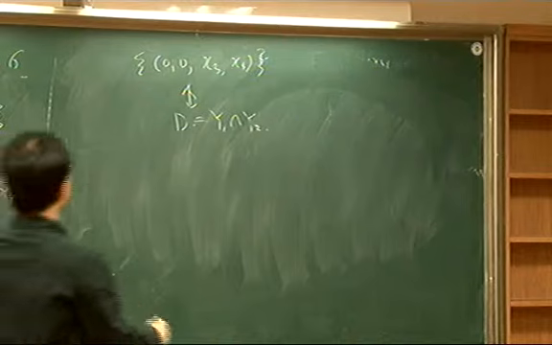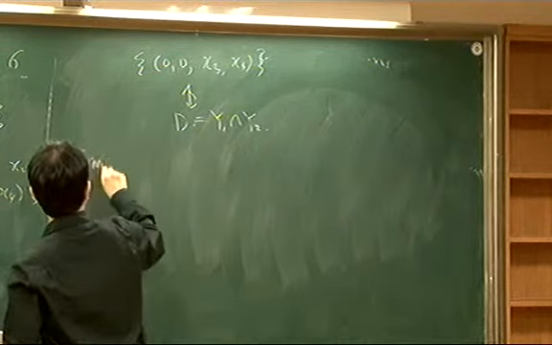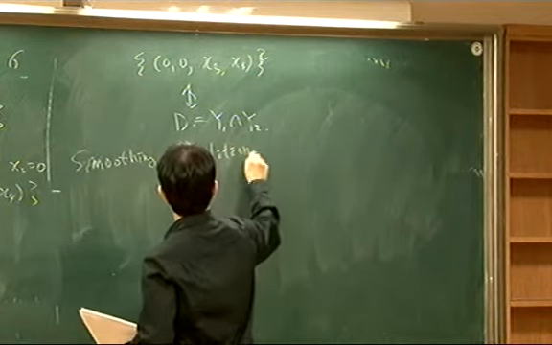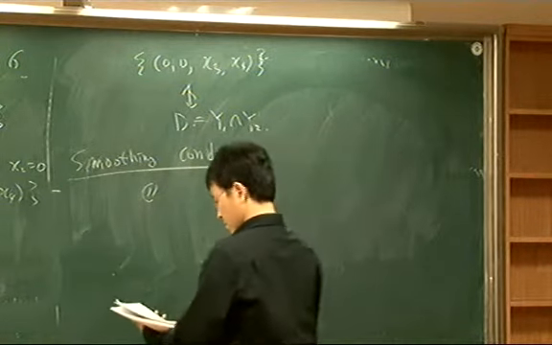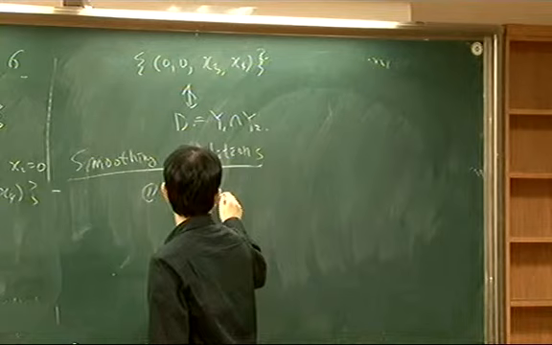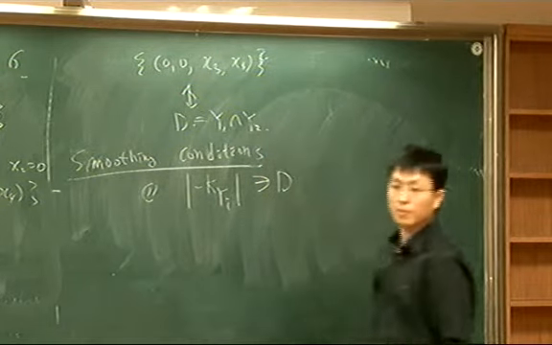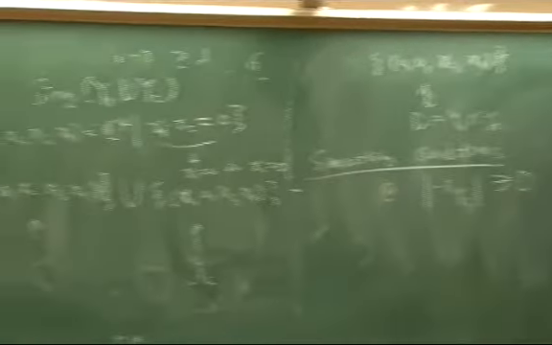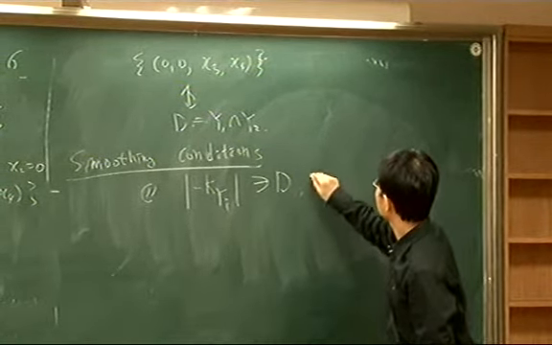There are two conditions, the smoothing conditions. The first is that the linear system contains D. This D is a divisor on each of Y1 and Y2, and I require that it is an anticanonical section. I also require that D is a K3 surface.